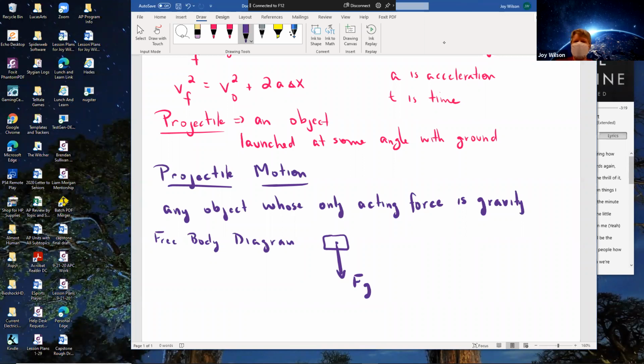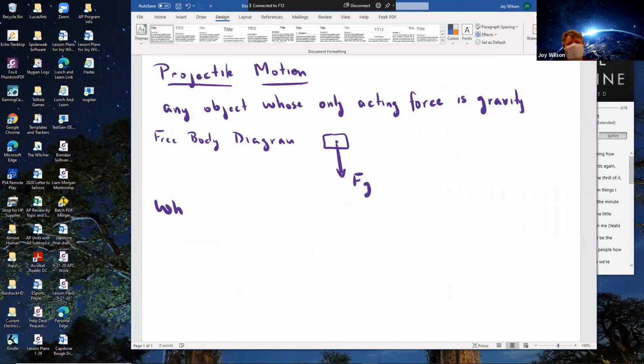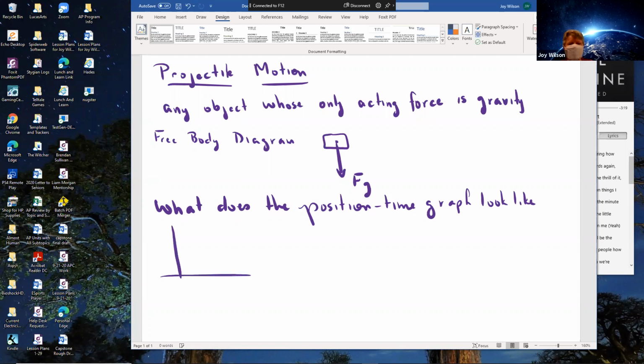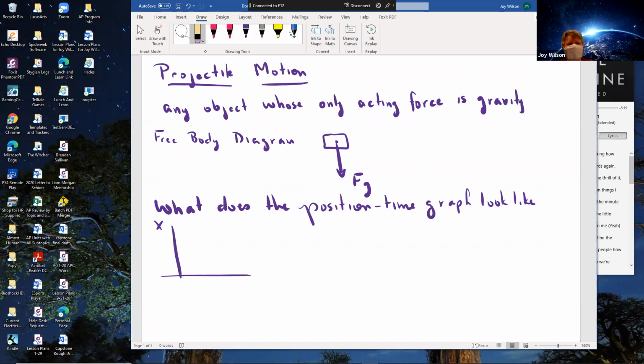So what is going to be the shape of the path? What kind of paths will we see? What does the position time graph look like? Let's just make this position time.